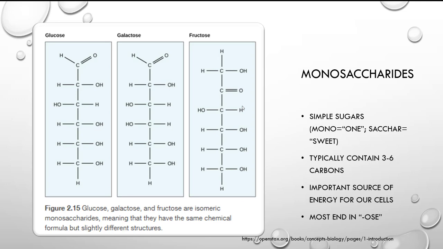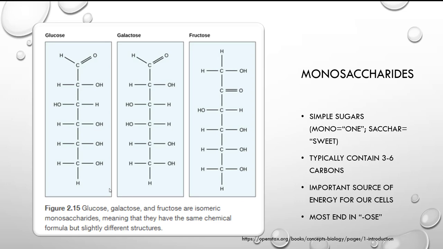Our cells convert the energy stored in glucose to ATP through a process known as cellular respiration. We're going to talk about that in topic 4. But for now, just realize that these monosaccharides are an important source of energy for our cells.